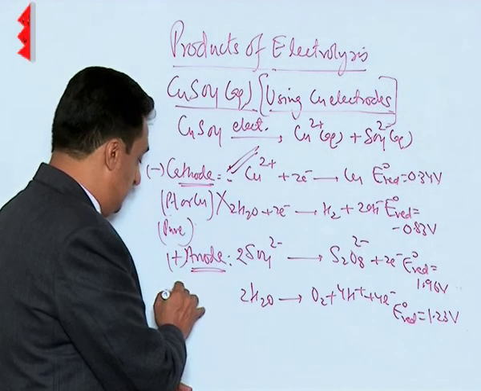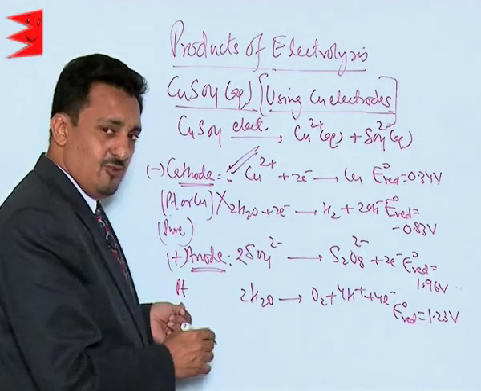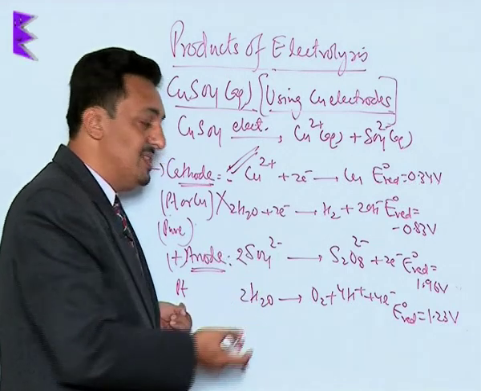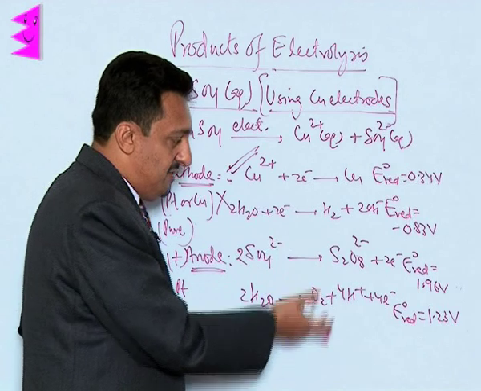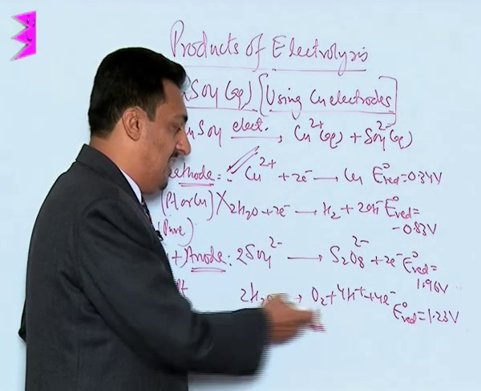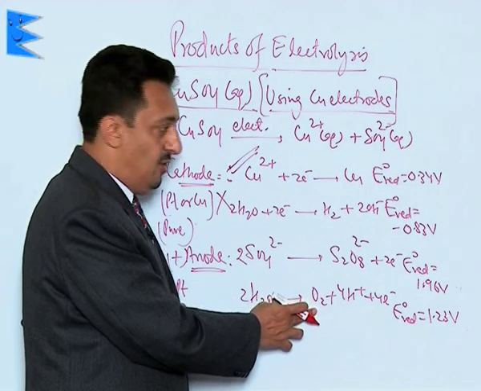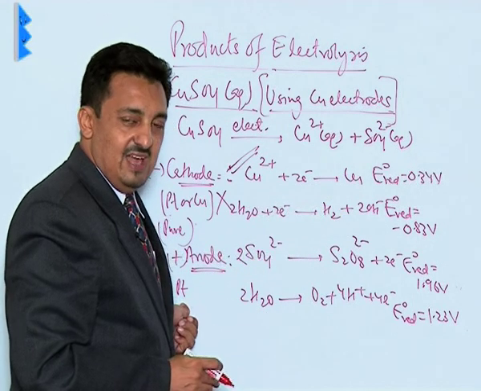Also, if we have the platinum electrode, then definitely these two will be the reactions which will take place. Platinum will not participate, and the one with the lower reduction potential is the water, and then what we get is oxygen gas at the anode and copper at the cathode.